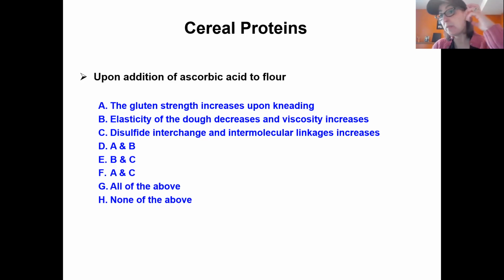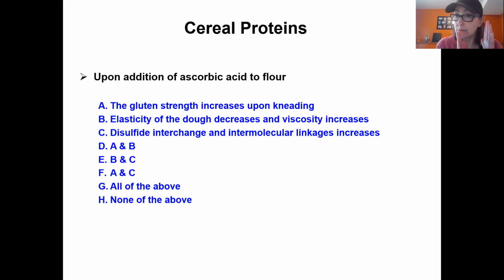So basically, when we think about kneading the flour with water, what happens there is the protein is denatured, and due to physical handling, the gluten-forming proteins start interacting with each other. In the presence of ascorbic acid, it facilitates disulfide interchange.